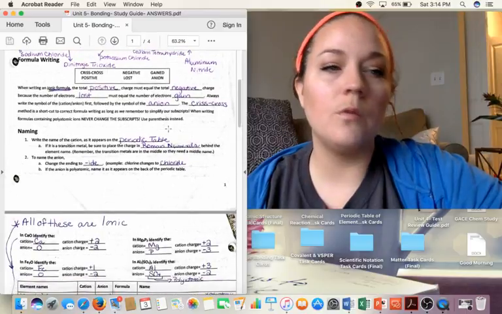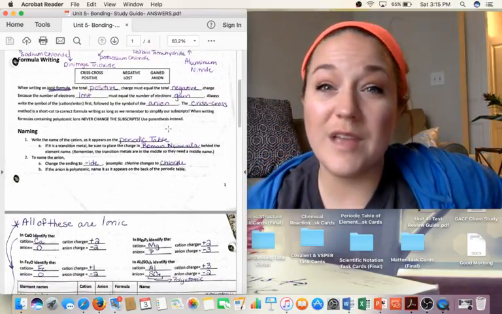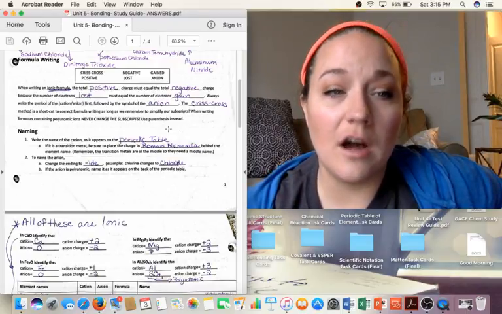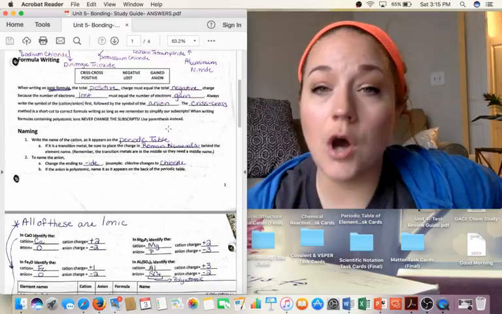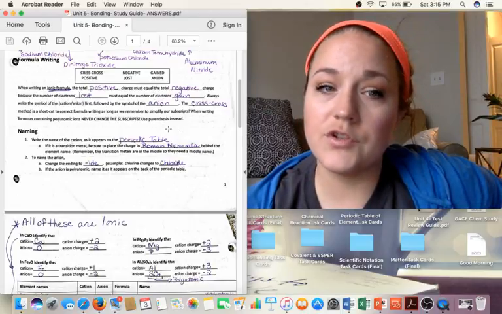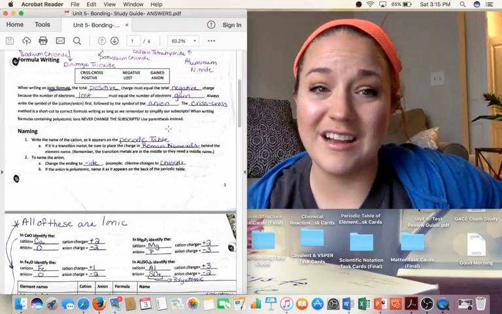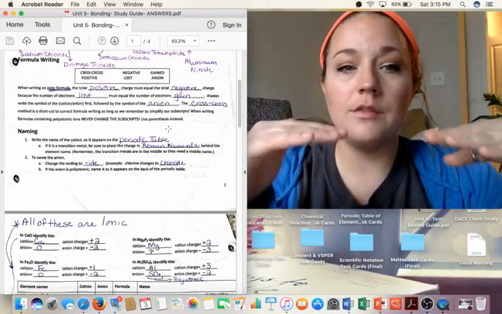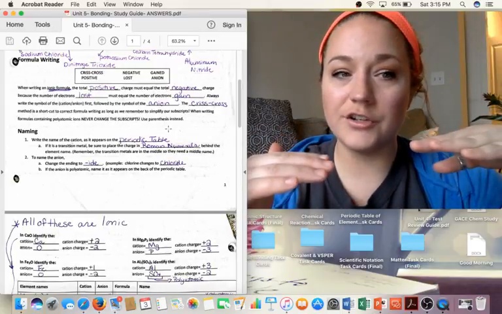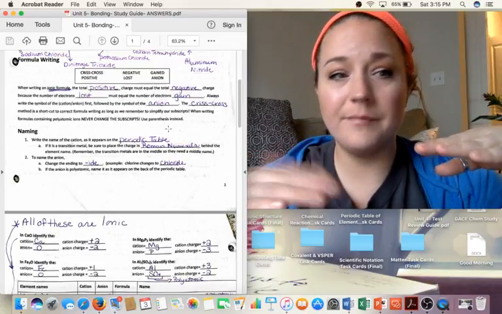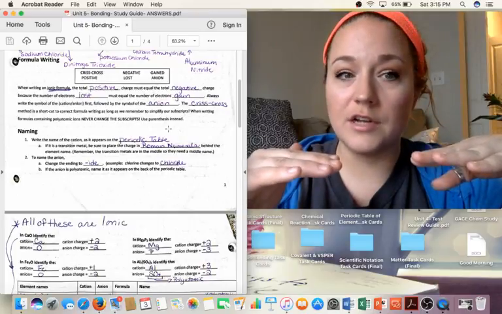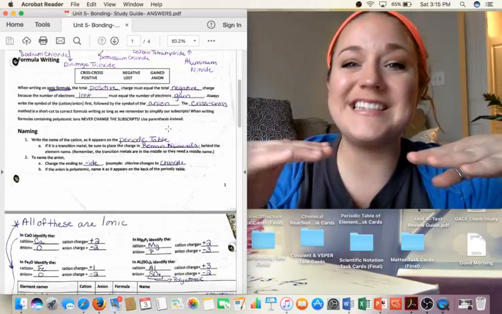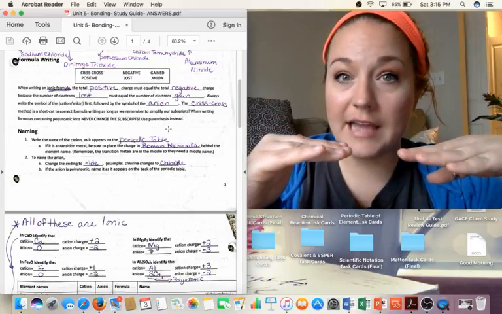So when writing an ionic formula, the total positive charge, that would be your cation, must be even with the total negative charge, your anion, because the number of electrons lost must equal the number of electrons gained. All right, they have to be even.